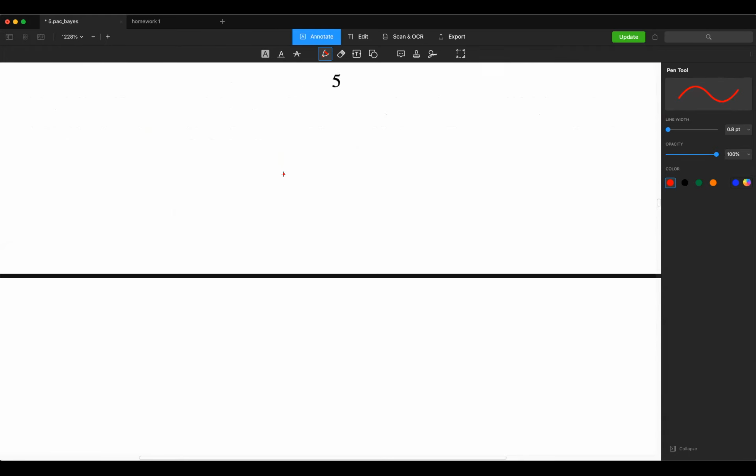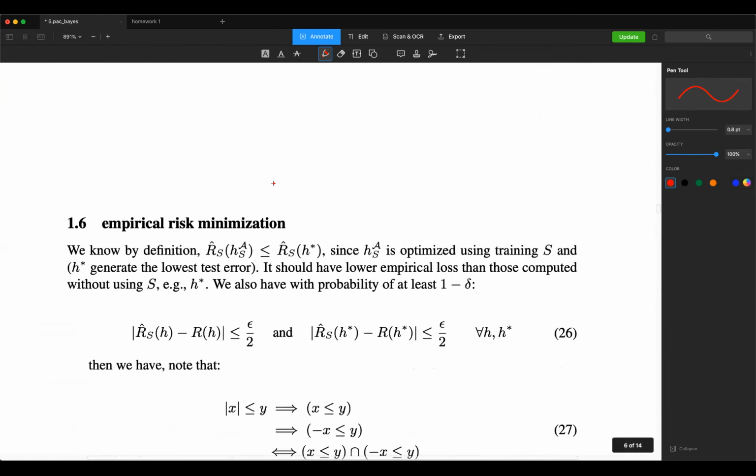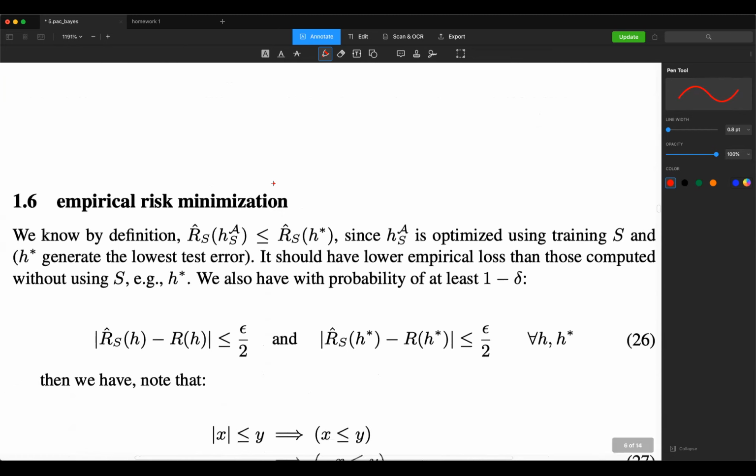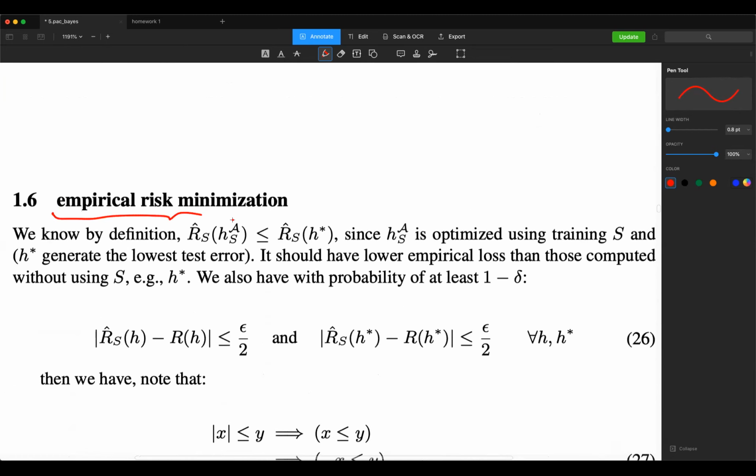Cool. So I'll talk a little bit about empirical risk minimization. As you know, this will be the empirical risk minimizer, right? Using that particular algorithm, sometimes people just get rid of that and call it H, S, and star. It's the same thing.